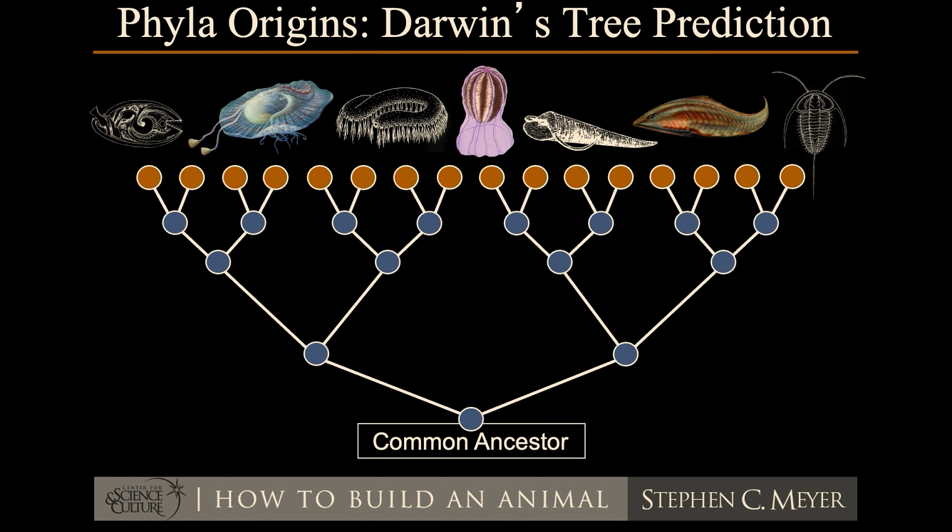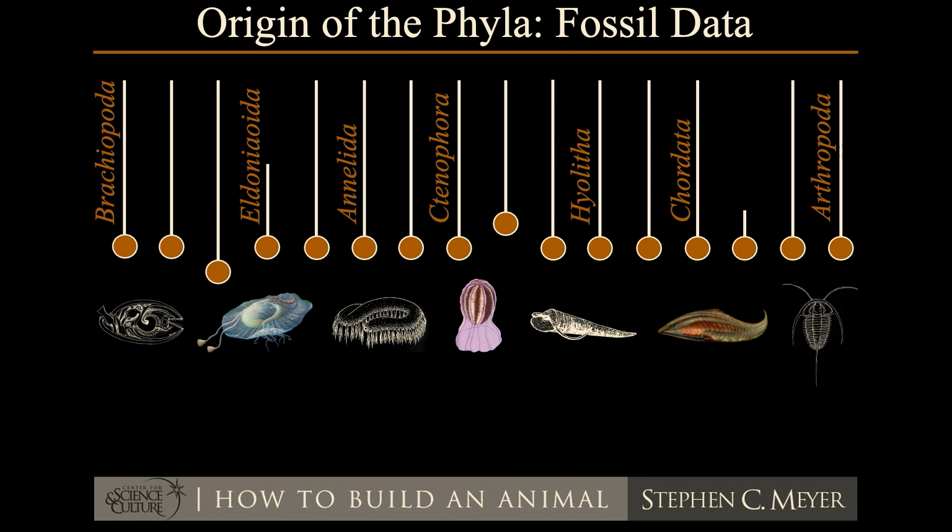So the Darwinian tree is meant to represent all the forms of life today. Those are represented by the branches at the top of the tree, and the trunk or the base of the tree represents the first organism from which all the other branches emerged in a very slow and gradual and completely naturalistic way. But unfortunately, for the Darwinian view of things, that's not what we see in the fossil record.